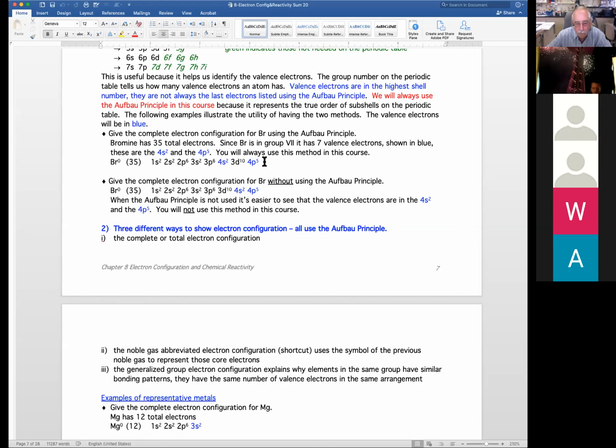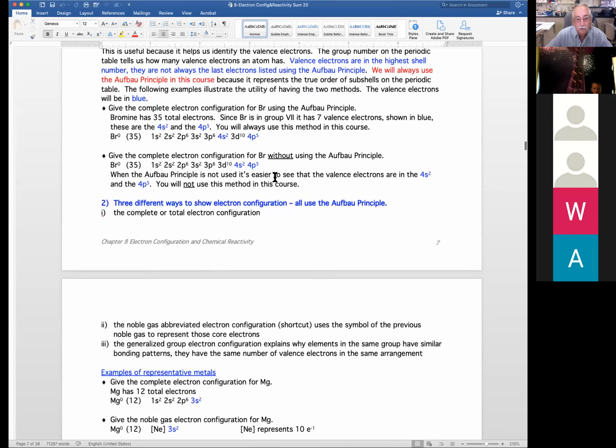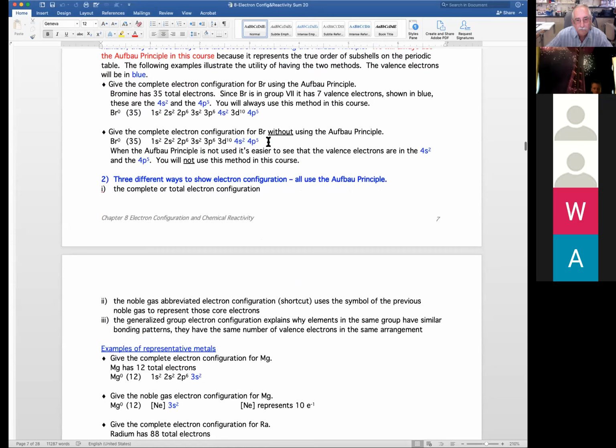Those in blue are the valence electrons. And now what if you did it like what's on the periodic table, where you just go like this? When you do that, look at where the 7 valence electrons show up. Right there at the end. So the reason why they do that is they're trying to help you figure out which ones are the valence electrons.